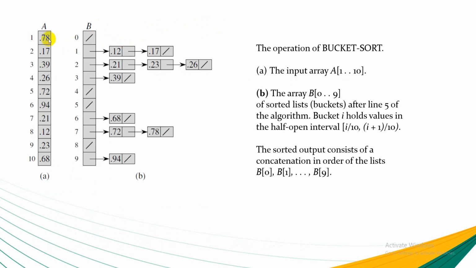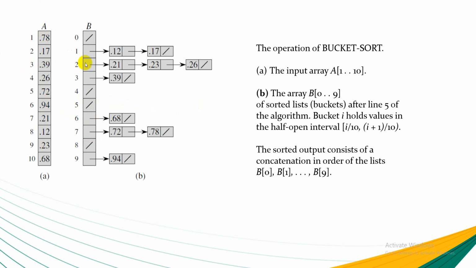So if the elements are not uniformly distributed and they are all in just one interval, for example all between 0.5 and 0.6, this is the worst case, where the performance is n squared.